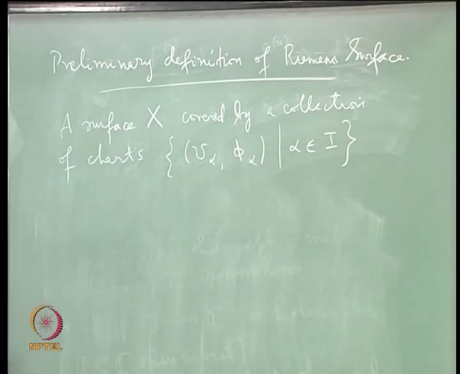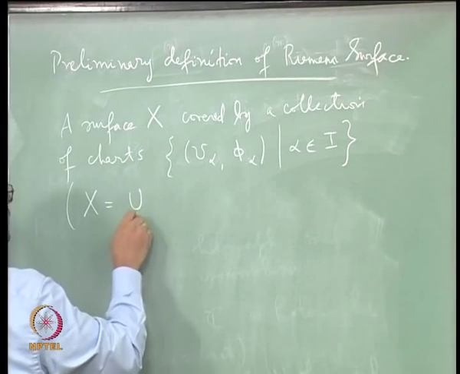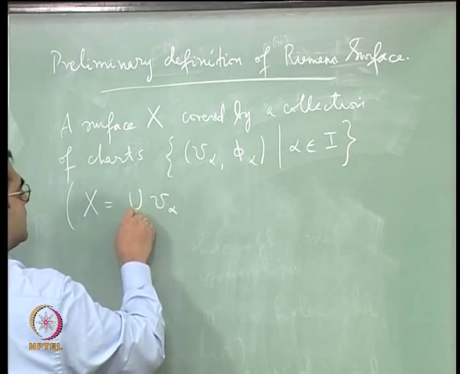So this capital I is an indexing set, and for each element in I have a chart (u alpha, phi alpha), and these u alphas should cover X. Okay, so let me write that down. X is equal to the union over alpha of u alpha.